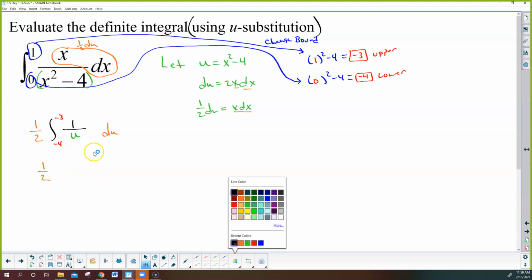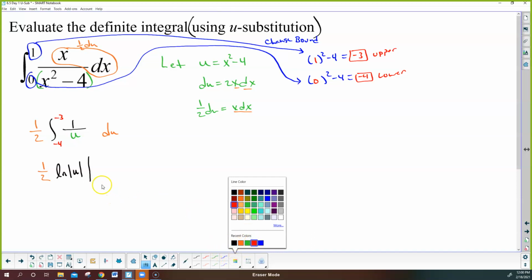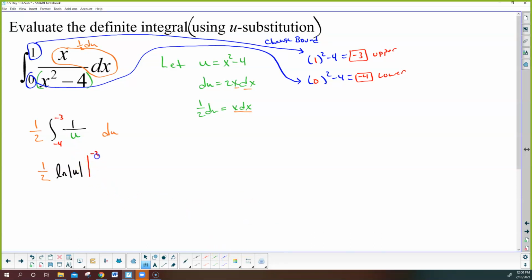All right, so now I'm looking at this, well, 1 over u, whose derivative gives me 1 over u? That's the natural log of the absolute value of u. And then I'm going to draw that line. Maybe I'll do that in red so we don't get that confused. And I'm going to go from negative 3 to negative 4.